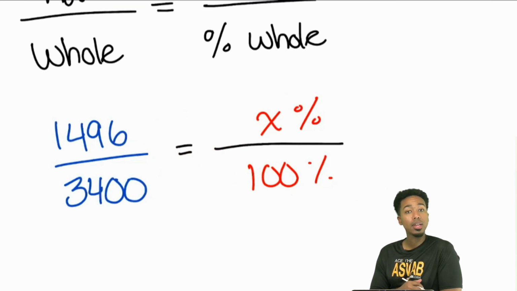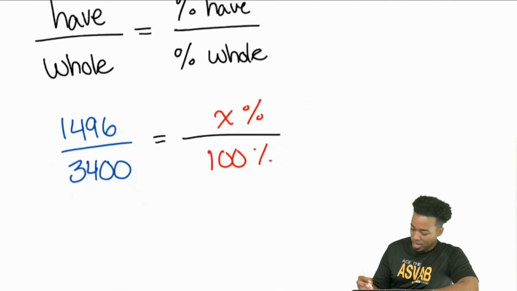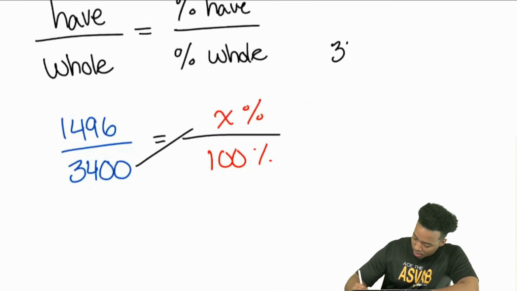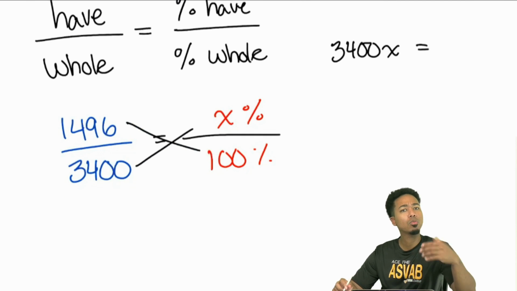But either way, if you just straight up cross multiply and divide, look at where we end up. We end up with 3,400x equals 1,496 times 100. Remember that when you multiply by 100, you're just adding zeros at the end.